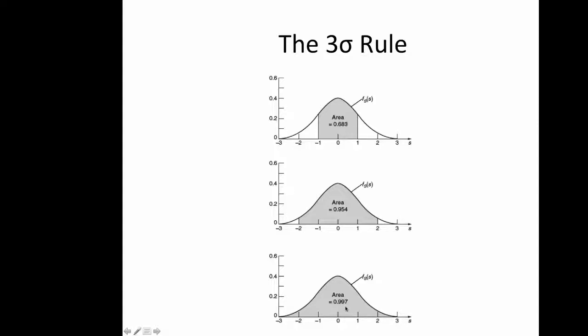amount. So the idea of the 3 sigma rule means that if you are able to quantify what the mean is and the standard deviation, if you go out 3 standard deviations on either side of that mean, you will account for essentially the entire probability density of that random variable.